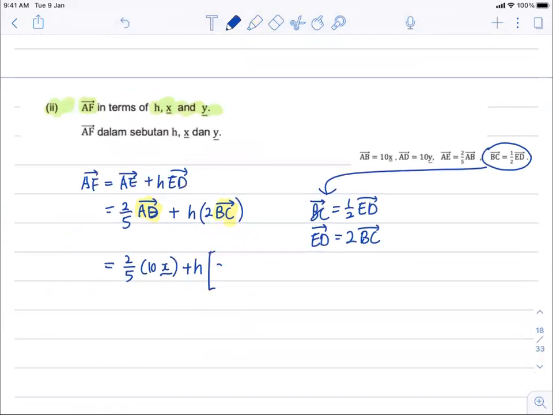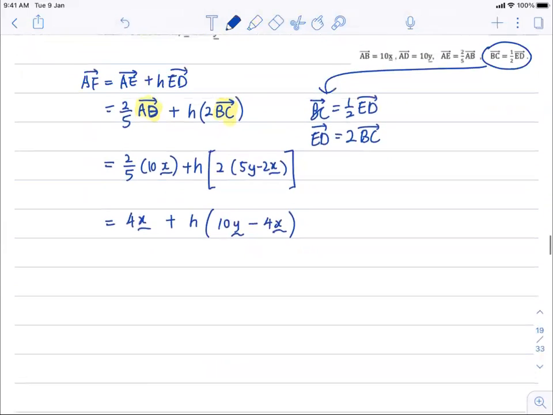Substitute in 2 times 5y minus 2x. It becomes 4x plus h multiplied by 10y minus 4x.